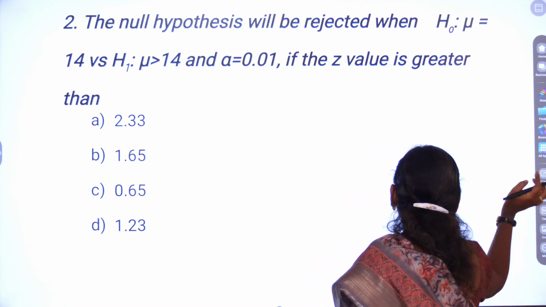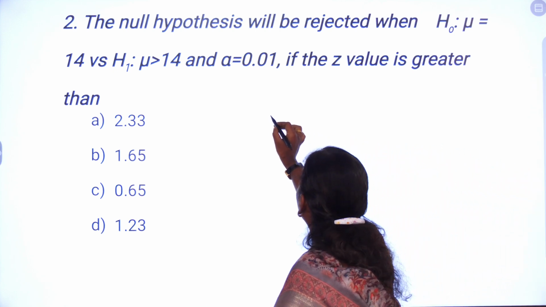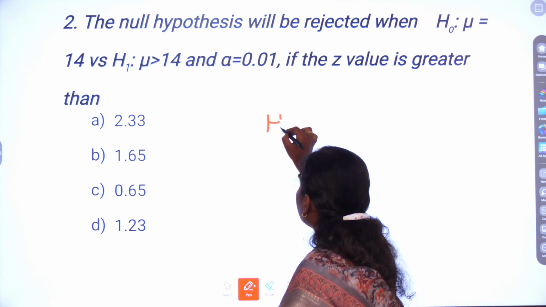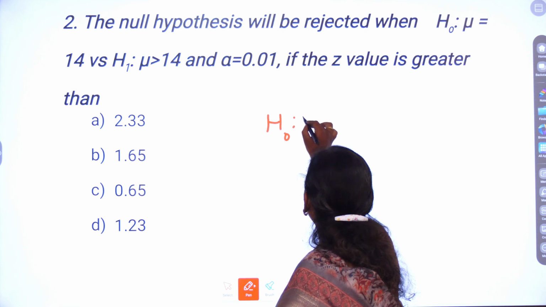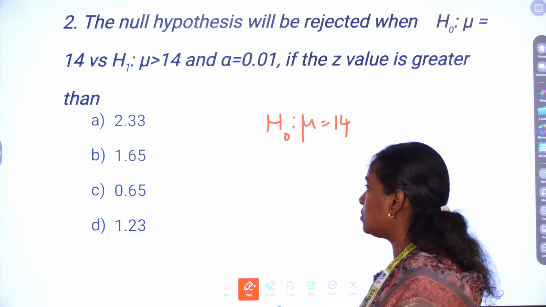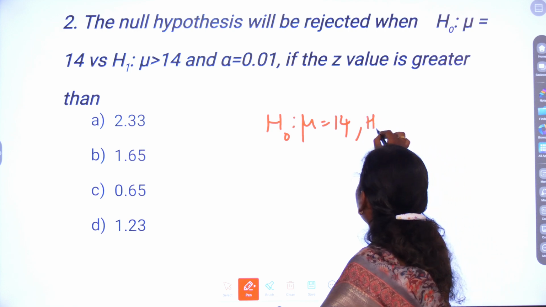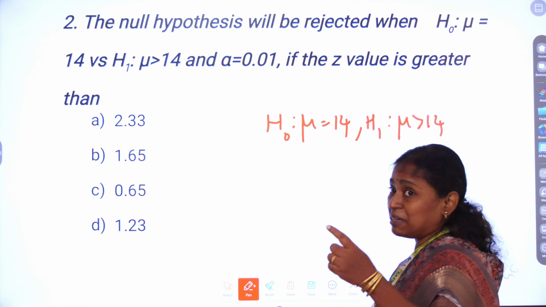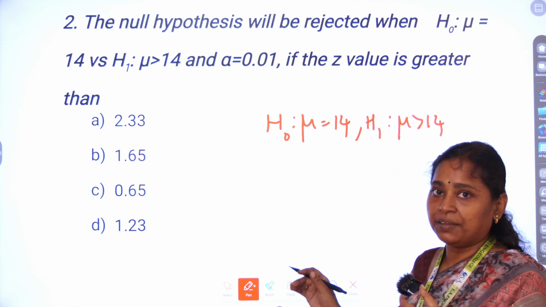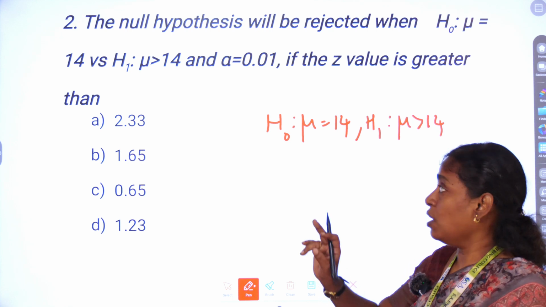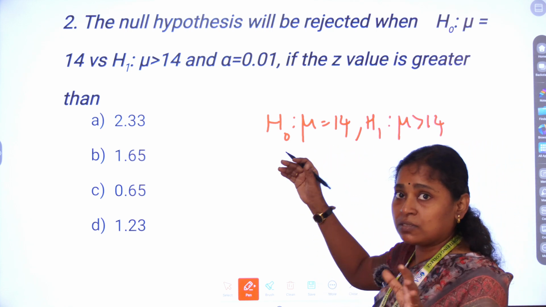First they are talking about the null hypothesis. You need not frame the null hypothesis, already it is framed in the question. So this is your null hypothesis, and the alternative hypothesis is mu greater than 14. So your step 1 is over. They have given the null hypothesis and the alternative hypothesis, so stating the hypothesis is over.